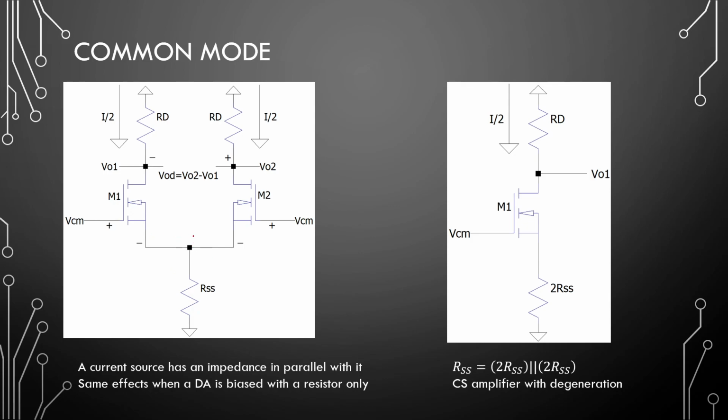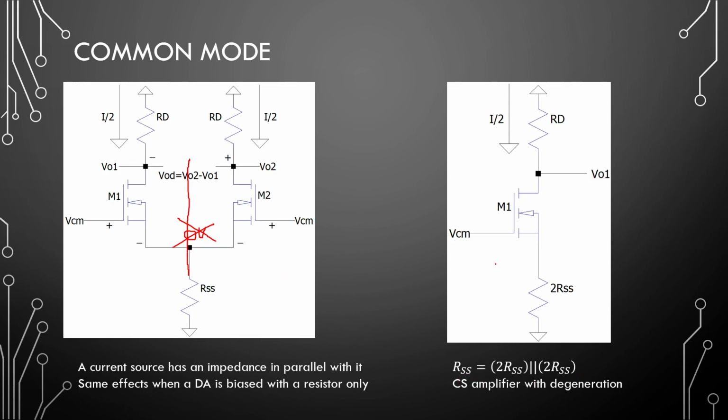Okay, so this point right here is not at 0 volts anymore with the common mode input. The virtual ground is not applicable. Right, so we can split this signal in two like we did with the differential small signal, and we can do that by multiplying the RSS value by 2. So 2 times RSS in parallel with 2 times RSS is RSS.